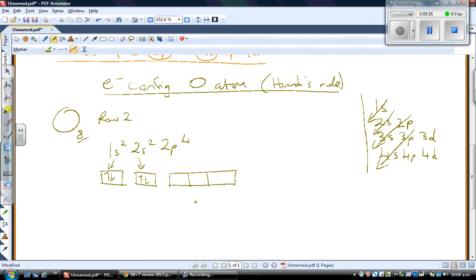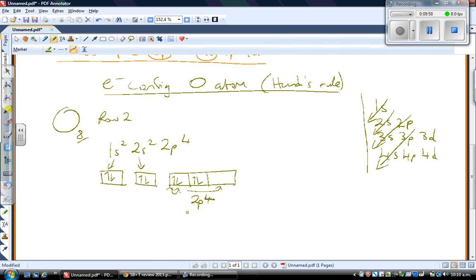Now, with the 2p orbital, we have to put 4 electrons in here, and this is where Hund's rule really comes into play. You don't go 1, 2, 3, 4. I've tried to use the analogy of an electron representing a person getting onto a bus which is nearly empty. A person wouldn't typically choose to sit beside another person on an empty bus if they have a choice of sitting at an empty seat and having a bit of privacy by themselves.